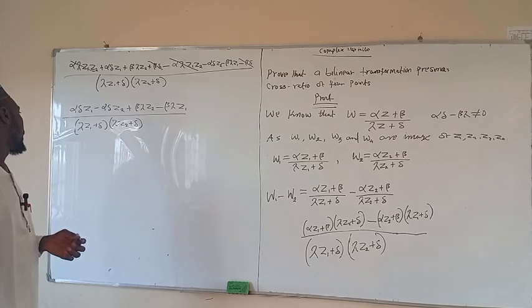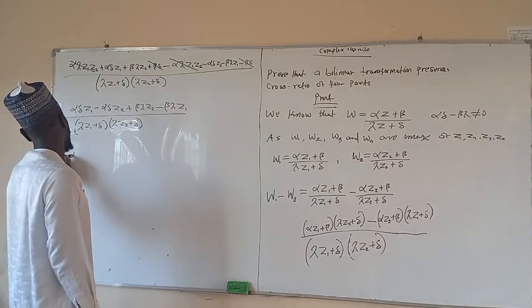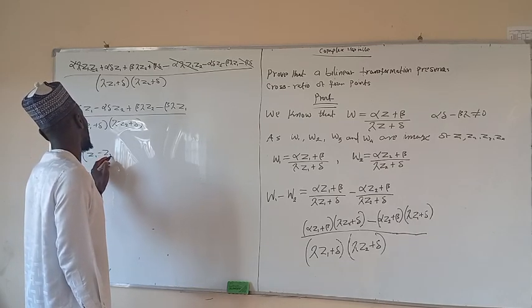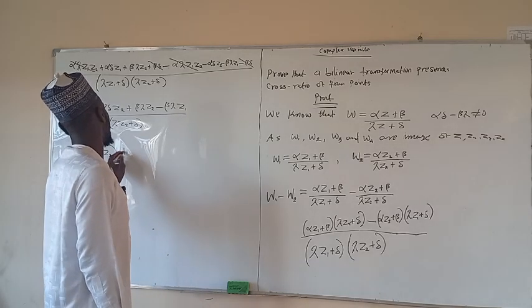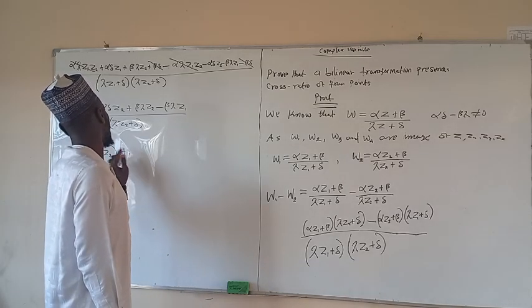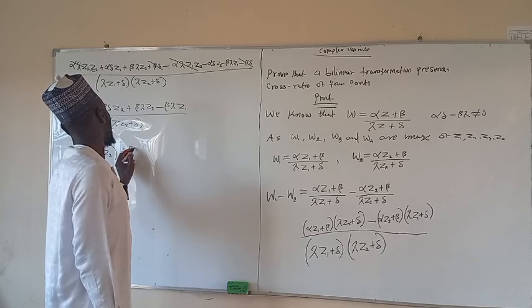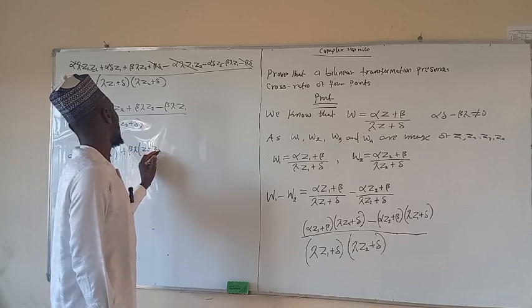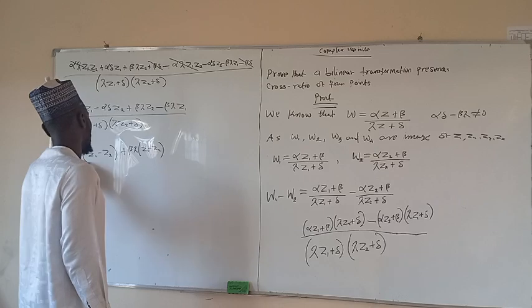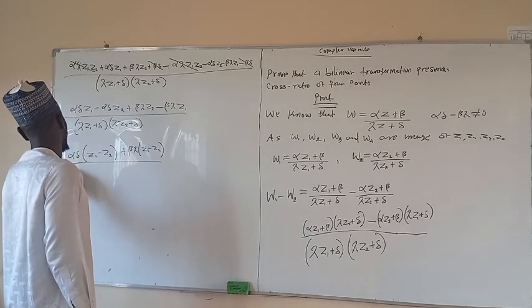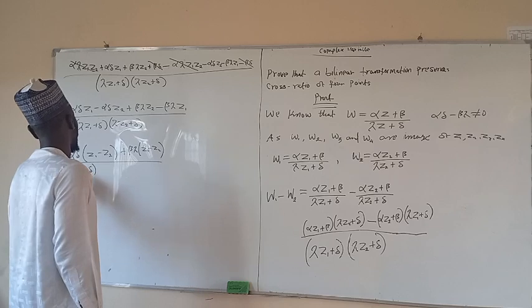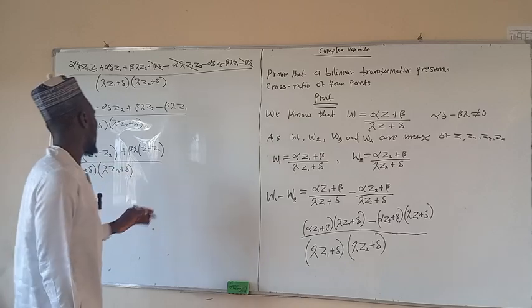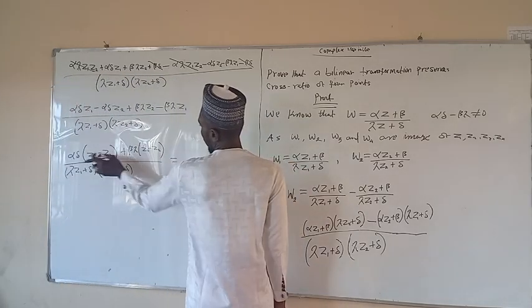Then definitely here we're going to have alpha lambda into z1 minus z2 close bracket plus beta lambda into z1 minus z2 close bracket, all over lambda z1 plus delta into lambda z2 plus delta, and this one is something as factor out one.